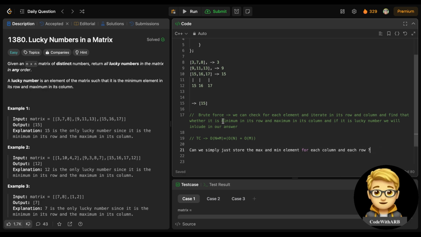What I mean is, instead of iterating in the same row and column again and again for every element, because see, for 3, 7 and 8 you will iterate this same row 3 times.